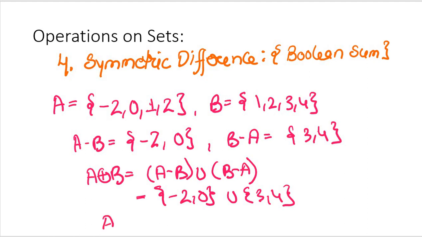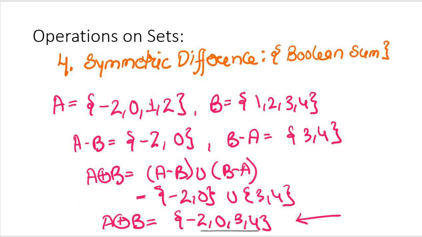So ultimately what I am getting is -2, 0, 3, 4. This is what the symmetric difference of A and B is. And one thing to note is that you don't have to worry about the sequence of these numbers. In a set, the sequence hardly matters.